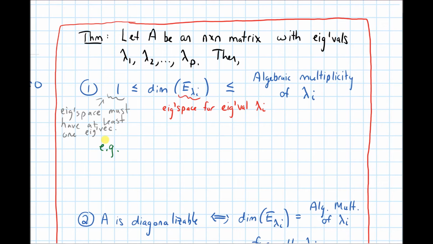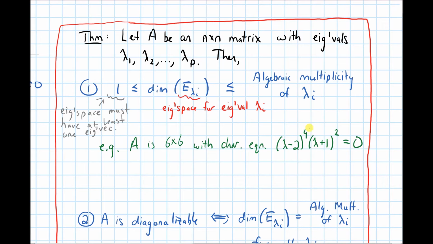So let's look at an example to get a feel for what this is saying. If A was a 6 by 6 matrix with characteristic equation, let's say, lambda minus 2 to the 4th times lambda plus 1 squared equals 0.